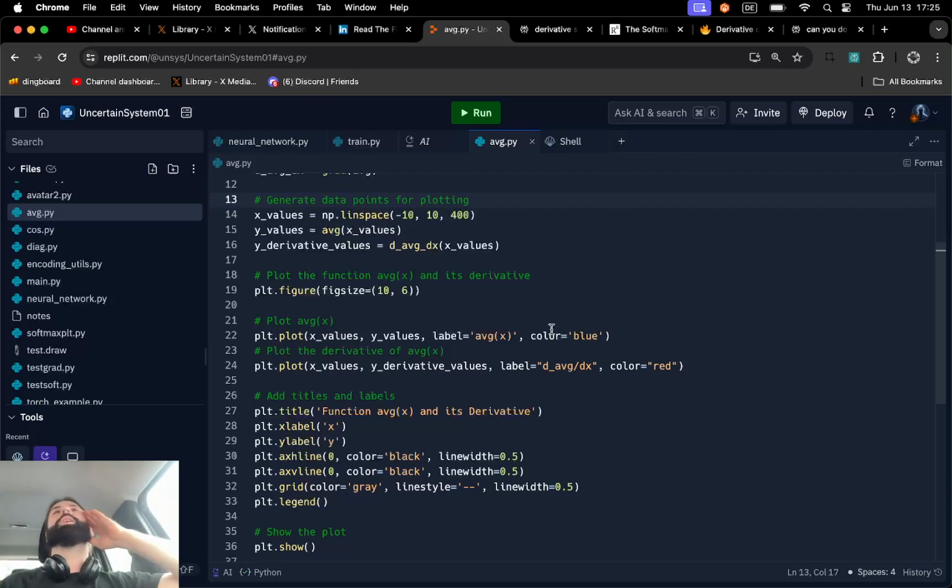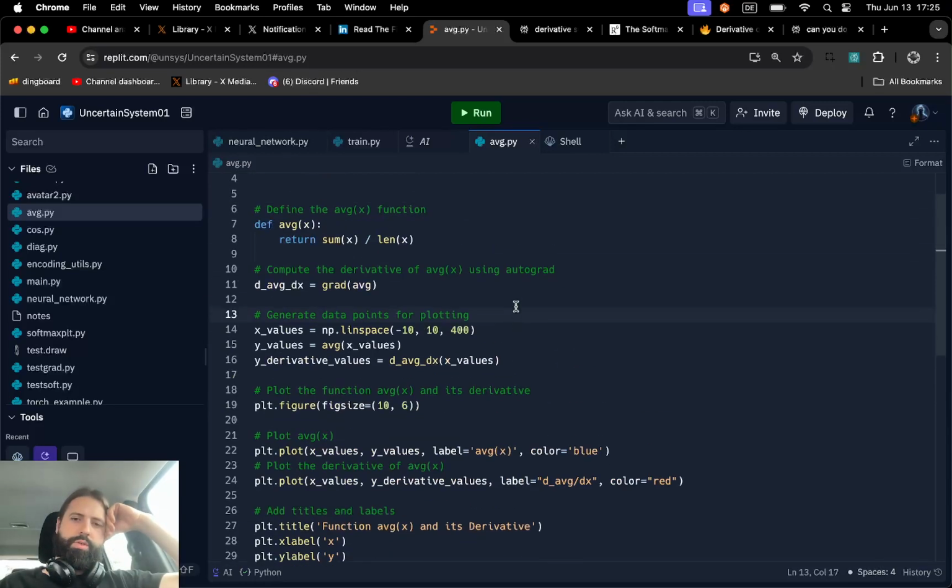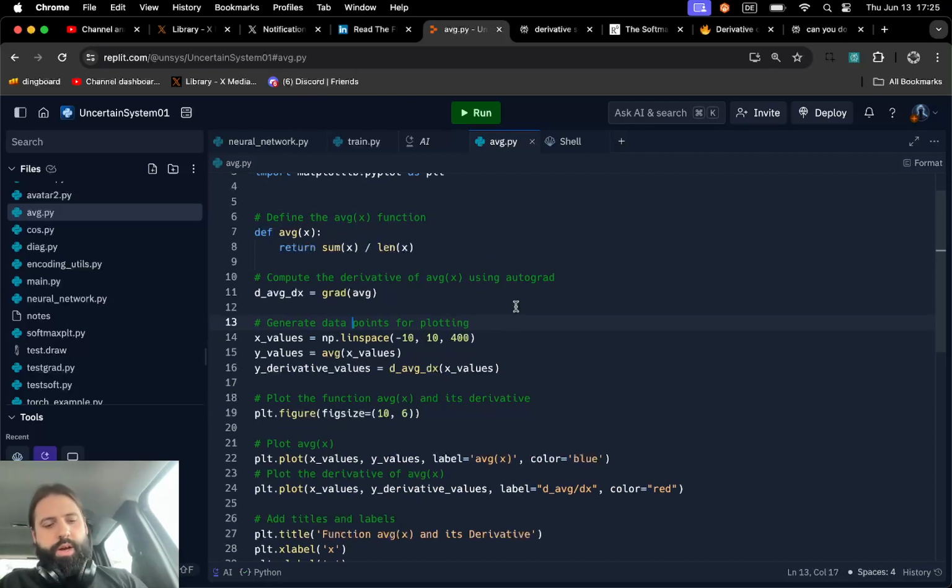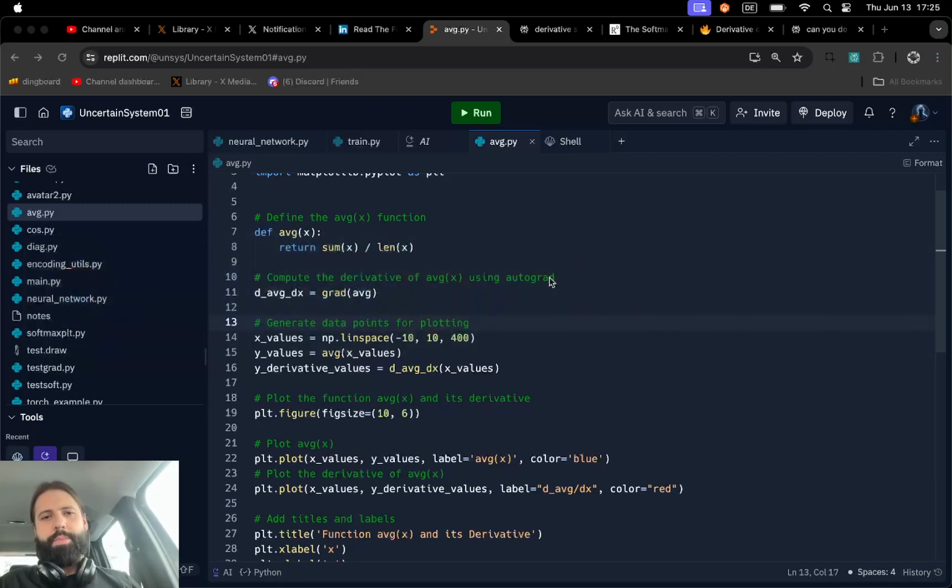Okay, yeah, that is because here it's the wrong thing to do. It's mapping from an array to a number, whereas softmax maps from an array to an array. It's not the same type of question.